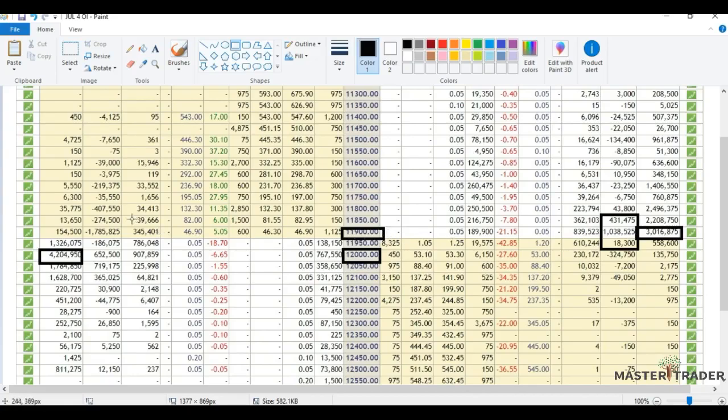And now let's come to the call side. If we take these 3 days, that's 18 lakhs plus 3, 21, around 24 lakh contracts have been bought, right? Have been purchased. So here we can see the writers are exiting, and now the buyers are entering the call options.